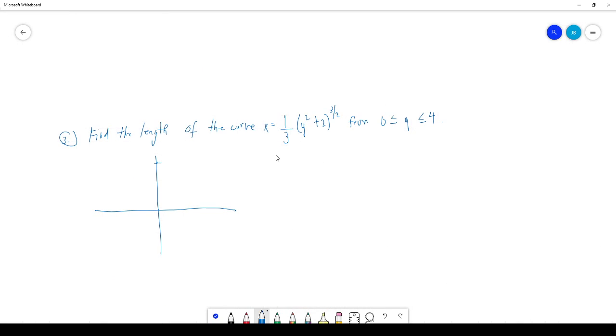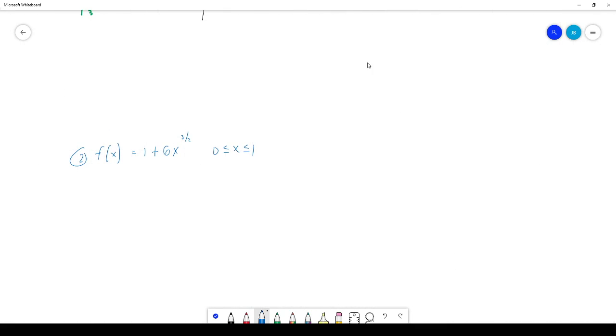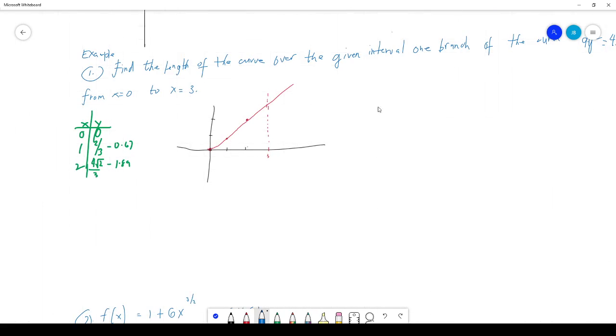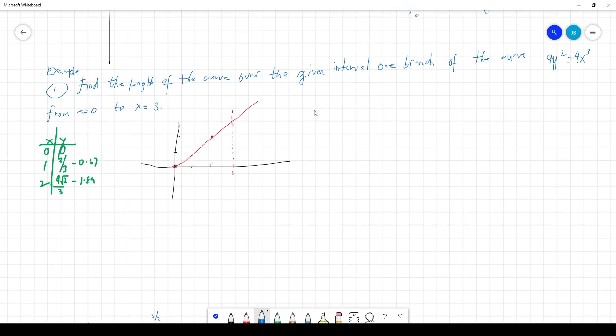Say for example our example in number 3, we are going to derive it in terms of x. Our examples 1 and 2 are differentiation in terms of y. So do not be confused. It's just the same. The rule is to derive first, then square the derivative and then integrate. So that's it for the length of curves.